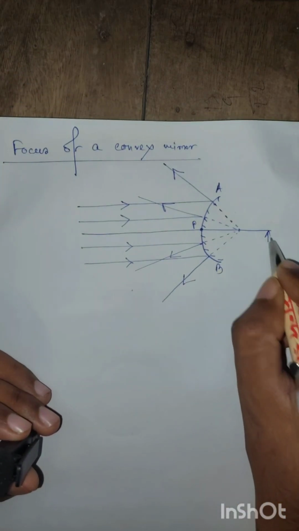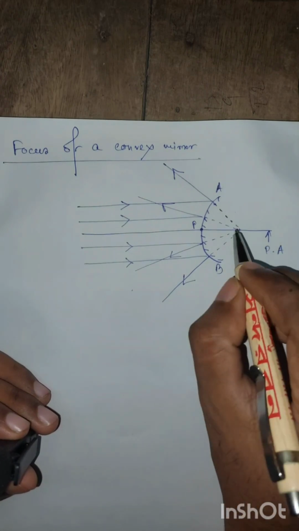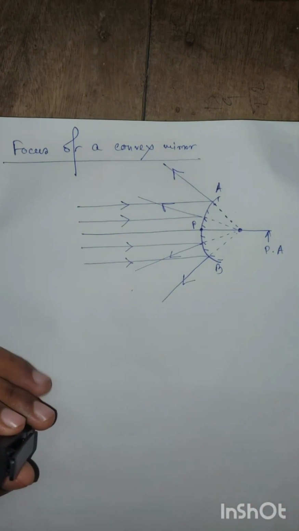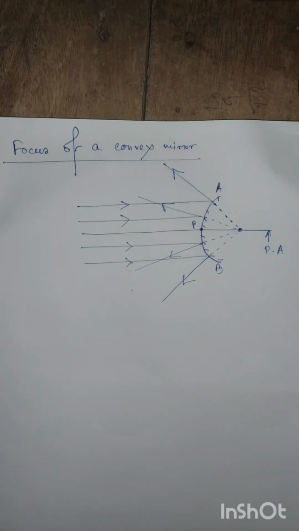This is our principal axis. Okay. So when we drag the reflected rays backwards, they meet at a certain point on the principal axis.